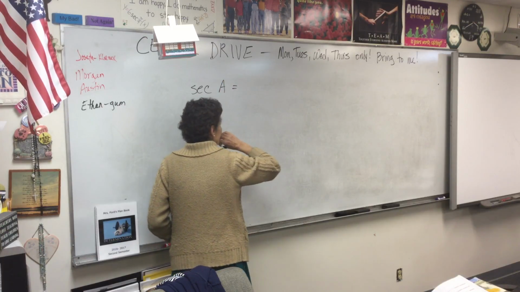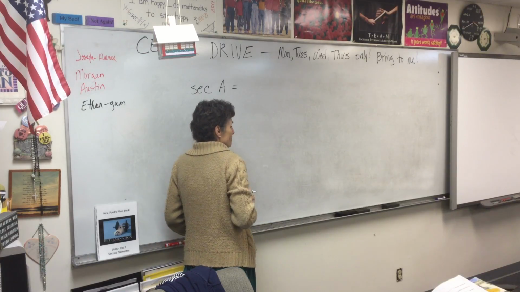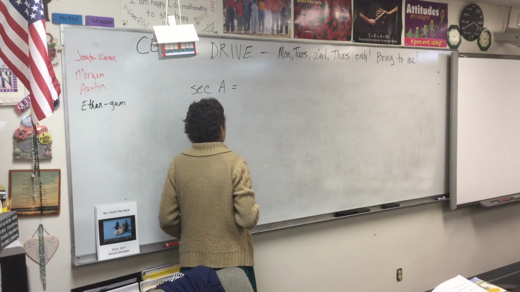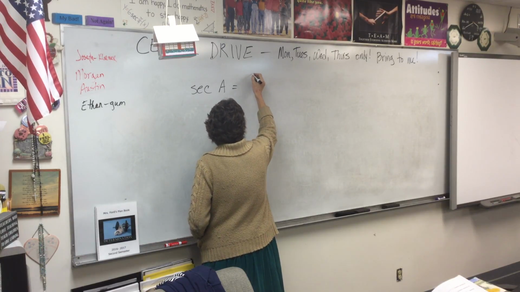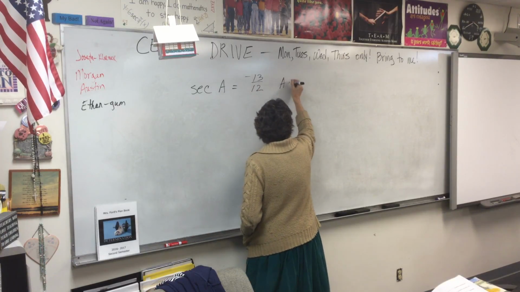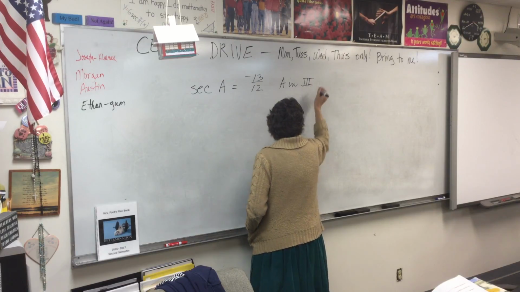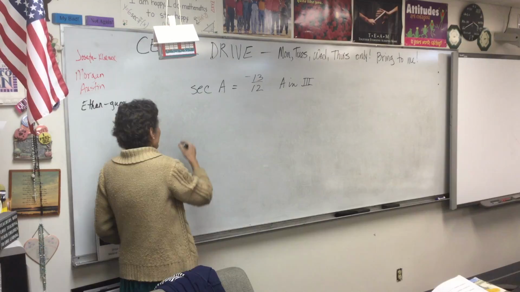All right, so the given is, let's say the secant, I'm trying to use numbers that have decent outcomes instead of crazy radicals and everything. So let's say the secant is negative 13/12 and we'll be in quadrant 3.